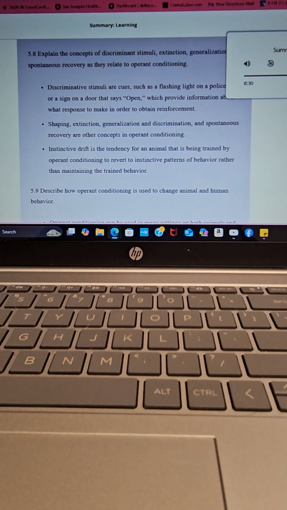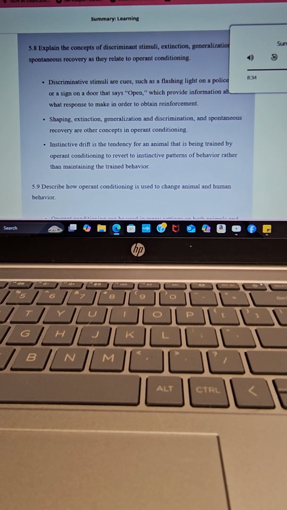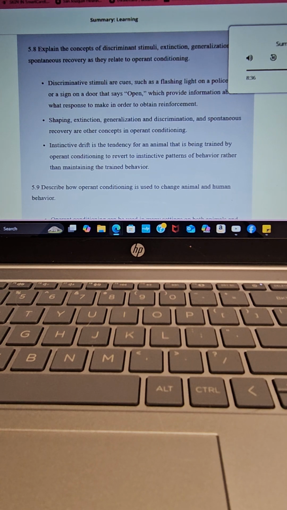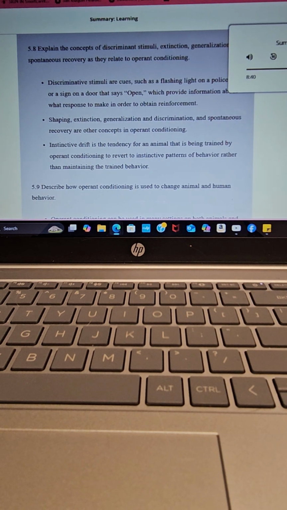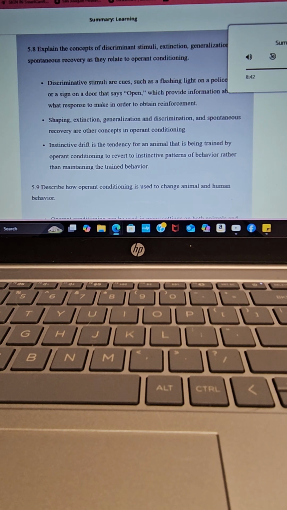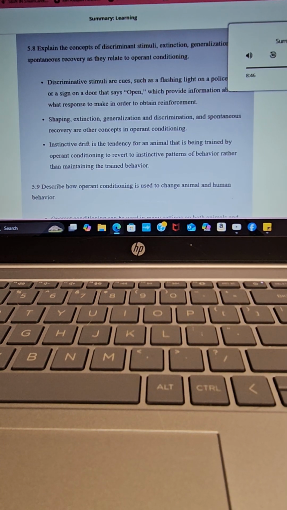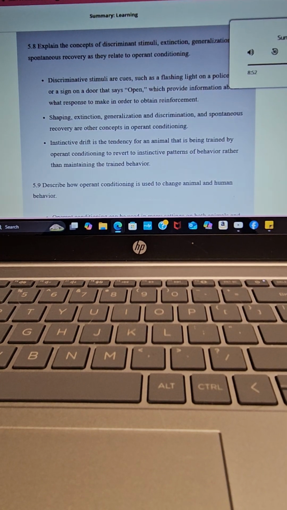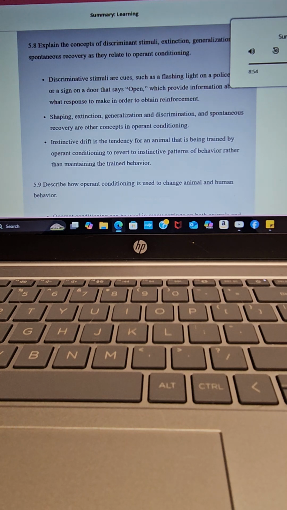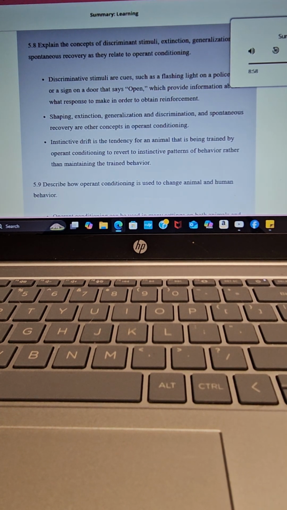5.8. Explain the concepts of discriminant stimuli, extinction, generalization, and spontaneous recovery as they relate to operant conditioning. Discriminative stimuli are cues, such as a flashing light on a police car or a sign on a door that says open, which provide information about what response to make in order to obtain reinforcement.